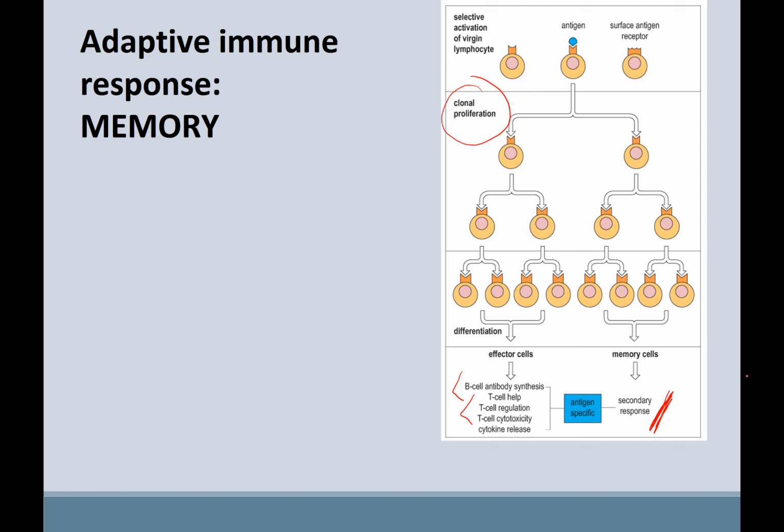This is important for that secondary response. This is your goal of a vaccine. Make memory, be ready, have those cytotoxic T cells, have those antibodies ready so that as soon as that pathogen comes in again, we're immediately ready to knock it down.